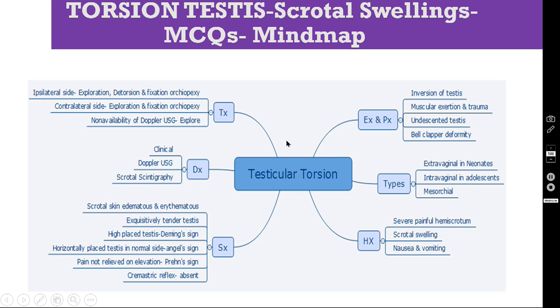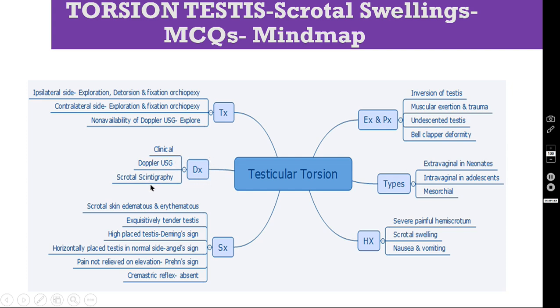So first, for example, in testicular torsion, I will be discussing the etiopathogenesis, what are the various types of testicular torsion, what are the symptoms, that is the history, what are the signs, that is the physical examination, and then diagnosis by investigation.